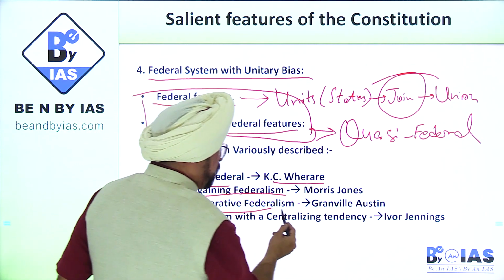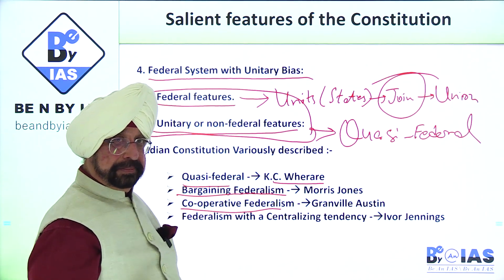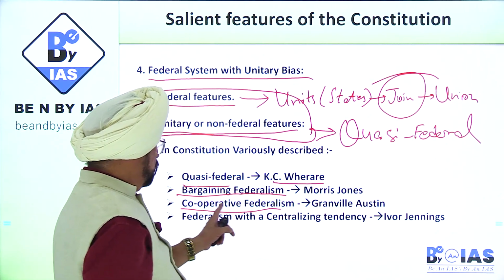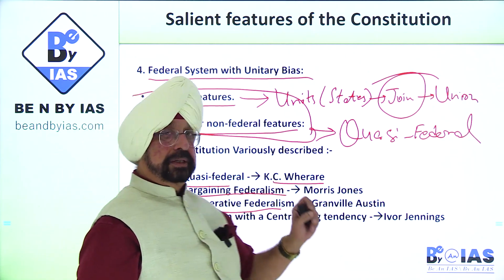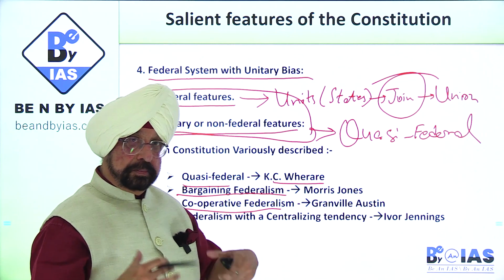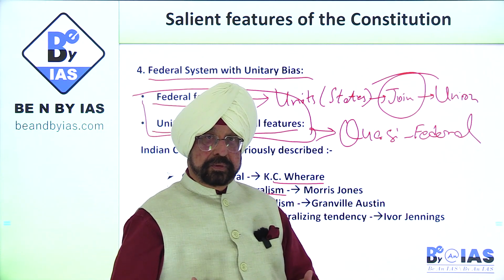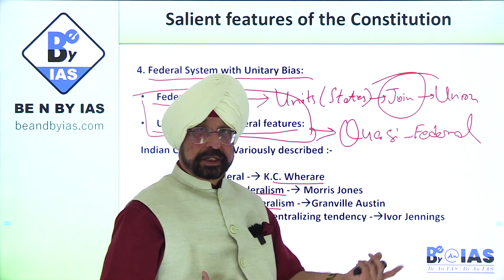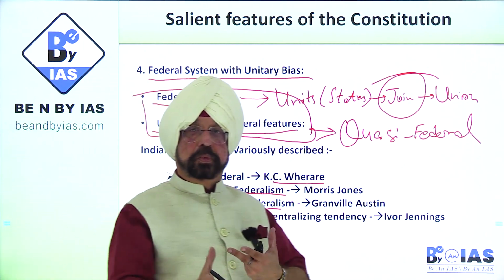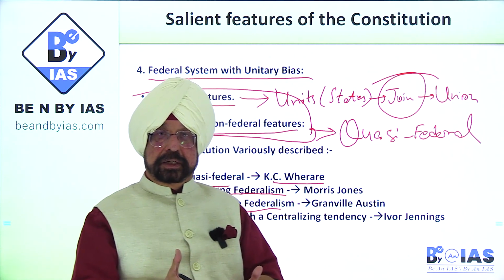Cooperative federalism, this question has come in the civil services examination papers. The quasi-federal, the cooperative federalism, bargaining federalism. These we will study when we study federalism, but for your basic understanding for the general studies polity part, cooperative means they are more cooperating with each other.